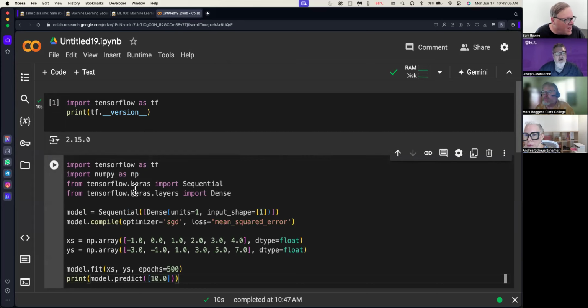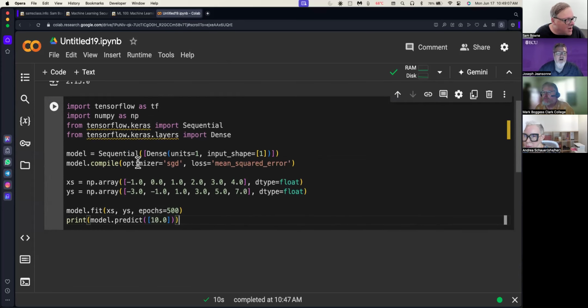So it imports some libraries. Now it makes a model, and this model is a neural net that contains one neuron here, and it's going to take the X data and the Y data, and then it's just going to fit the model doing 500 steps. Now I'll run it and I'll talk about how this works.